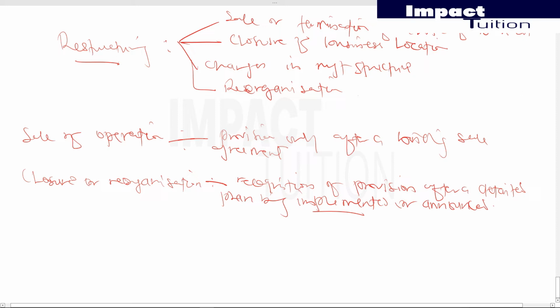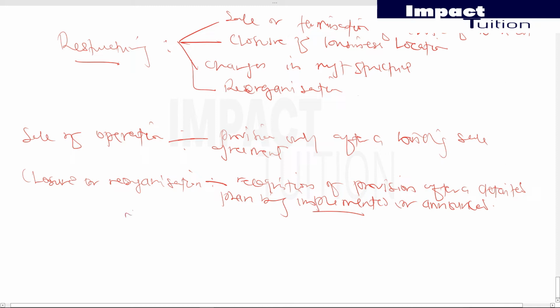So, if we are going to close down a business or reorganize our business, we should only recognize liabilities relating to the closure or reorganization only after a detailed plan has been implemented or announced.